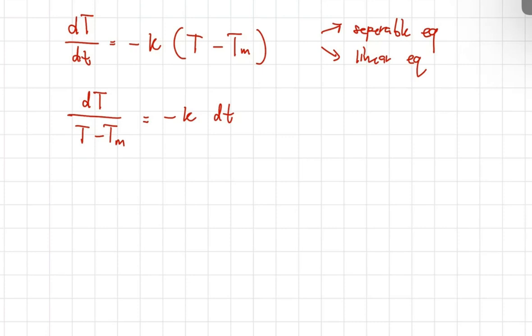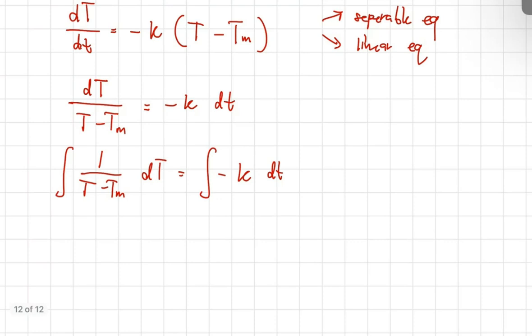So now let's integrate this one. Since both sides have a derivative, this one with respect to capital T, this one with respect to time, you can integrate 1 over (T minus Tm) dT equal to the integral of negative k dt.